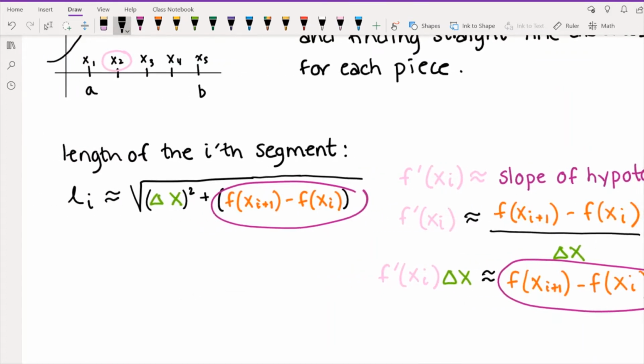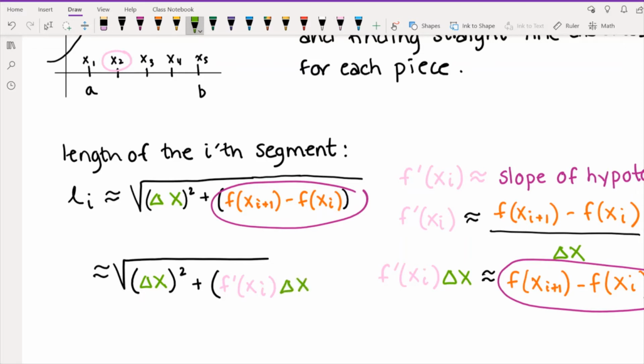We now are saying that the length of this ith segment is approximately equal to the square root of delta x squared plus, and then let's put in our next thing, f prime of xi times delta x, all squared.